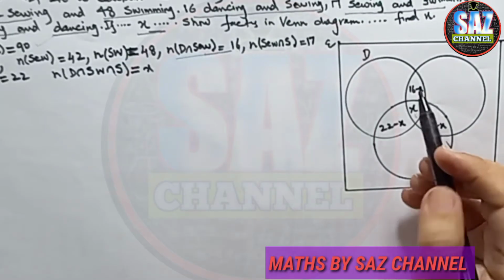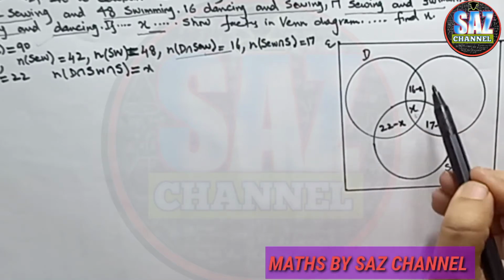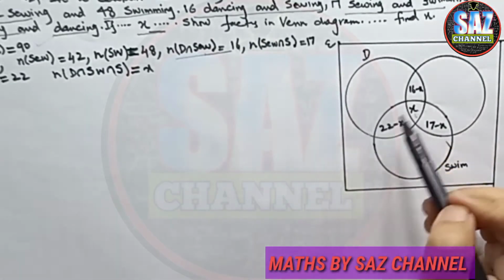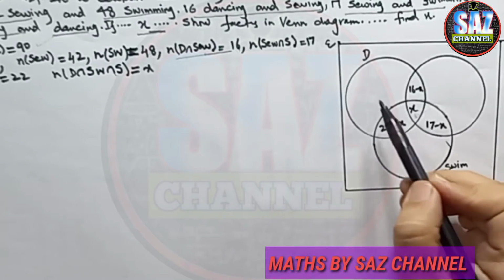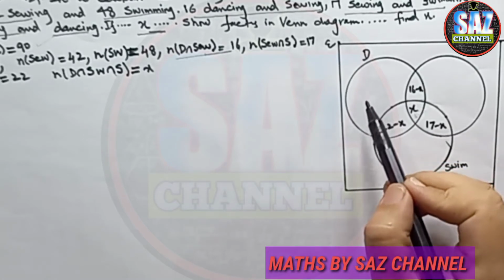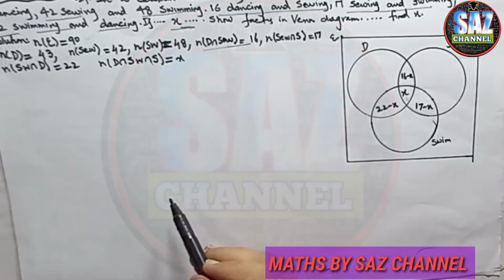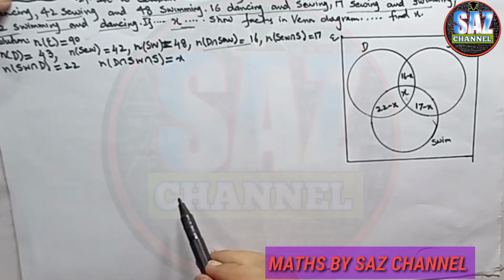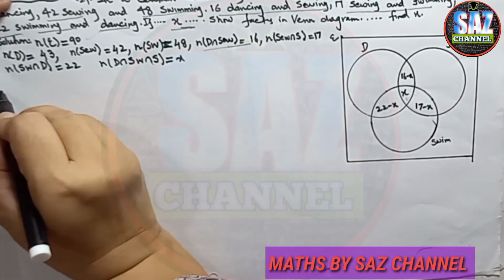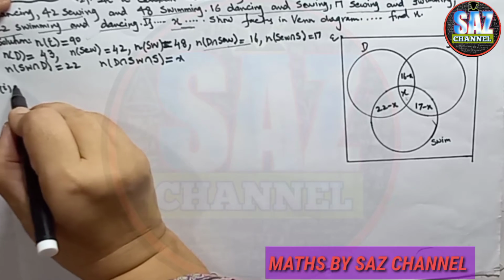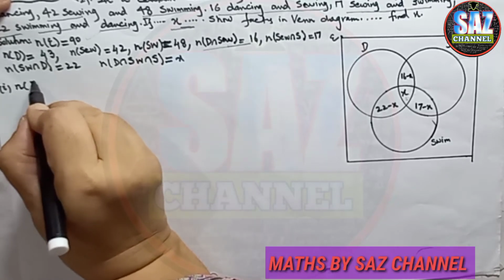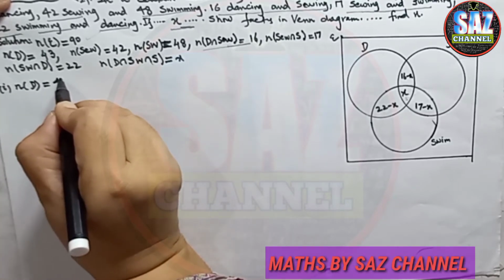Now the information for the dancing, total for the dancing is 43. Now we have to find how many people are taking part in dancing only. For that purpose, we know that the number of people who are taking part in dancing is 43.